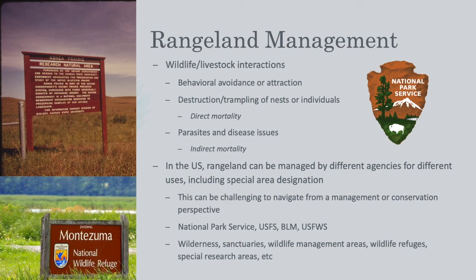Some of these agencies are the National Park Service, the U.S. Fish and Wildlife Service, Bureau of Land Management, the U.S. Forest Service. Wilderness areas, sanctuaries, wildlife management areas, refuges, and special research areas are some of those special designations that rangelands often have.